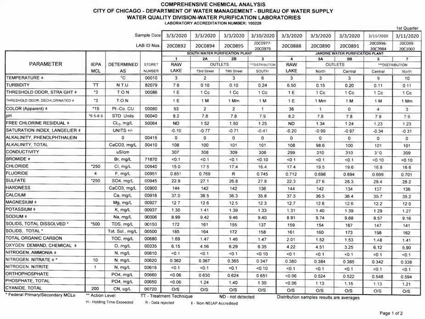On the left-hand side, you have your parameters. The parameters include temperature, turbidity, threshold odor straight, threshold odor dechlorinated, color, pH, free chlorine, saturated Langelier index. We'll go over this in some other video. Alkalinity total, conductivity, bromide, chloride, fluoride, sulfates, hardness, calcium, magnesium, which are components of hardness, potassium, sodium, total dissolved solids, total solids.